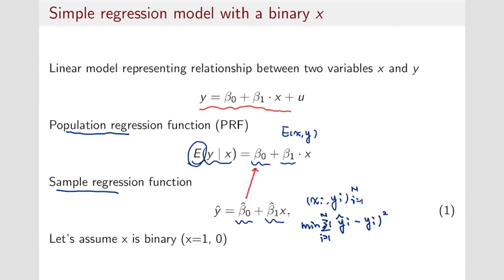That is, beta 0 hat is a good approximation for beta 0, beta 1 hat is for beta 1, and similarly the fitted value should be very close to the expectation of y conditional on x. So what will change for the population regression function and the sample regression function if now the independent variable x is binary?